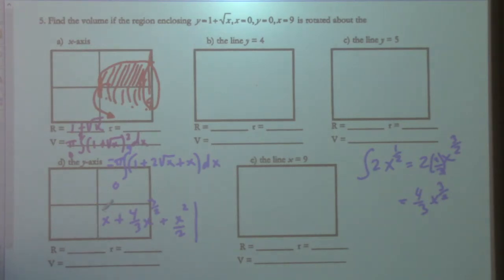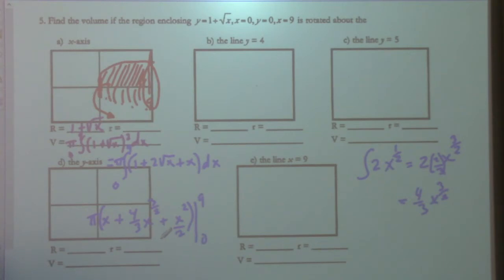So you're taking away the sign, and that's pi out front like that. And you're going between 0 and 9. So that's going to be 9, 9 to the 3/2, and 9 squared over 2. So it's going to be a pretty big number once you do all that.